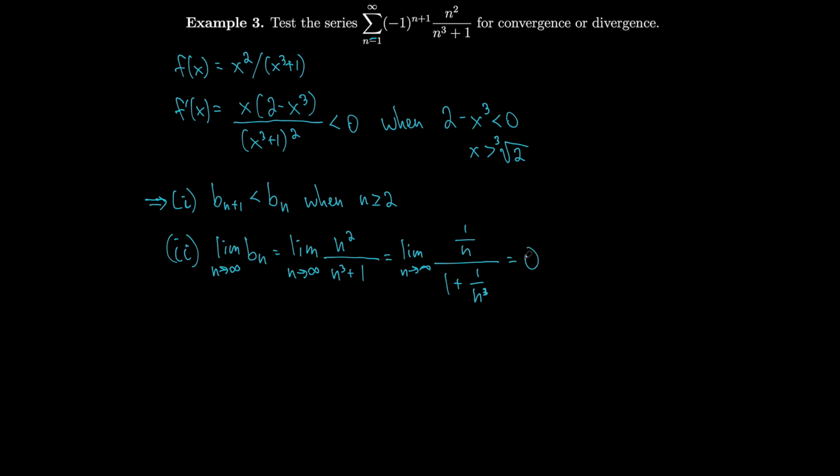And that's equal to 0 because this thing goes to 0, and this thing goes to 0, so we get 0 over 1, which is 0. So we can use the alternating series test and say that this thing is convergent. It passed.